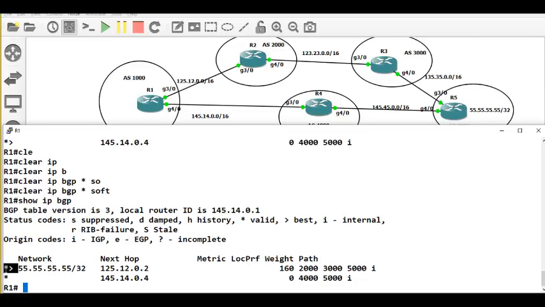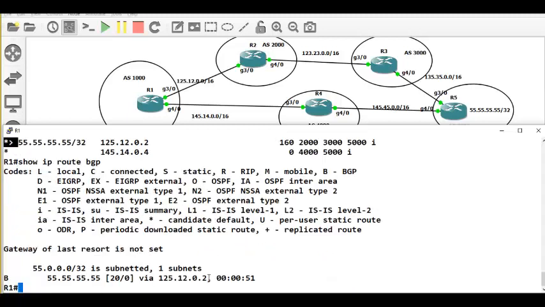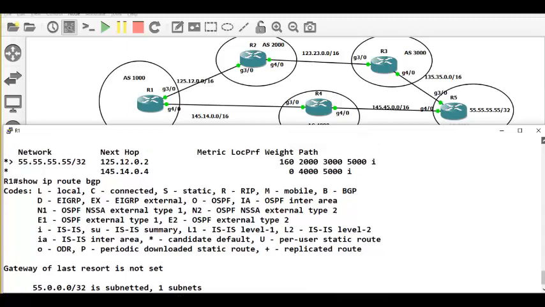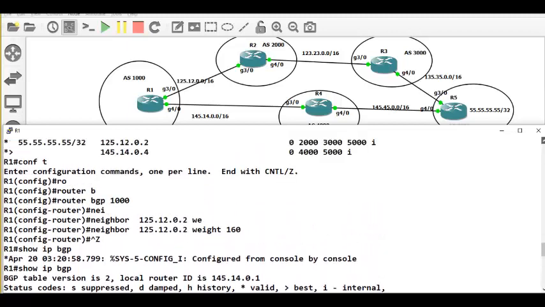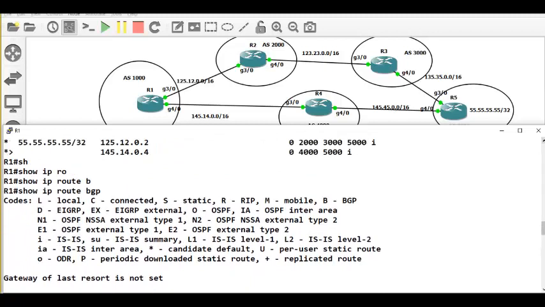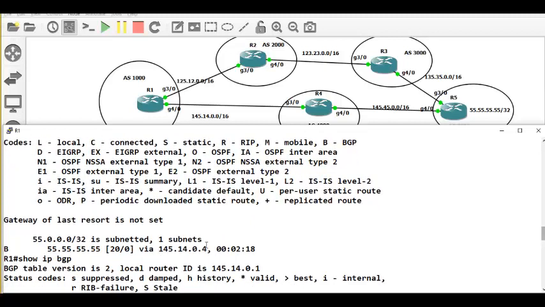Check the routing table. Earlier it was going via router 4, but now it goes via router 2. Let me show you what we saw earlier. Earlier it was going via router 4's address, but now it goes via router 2.